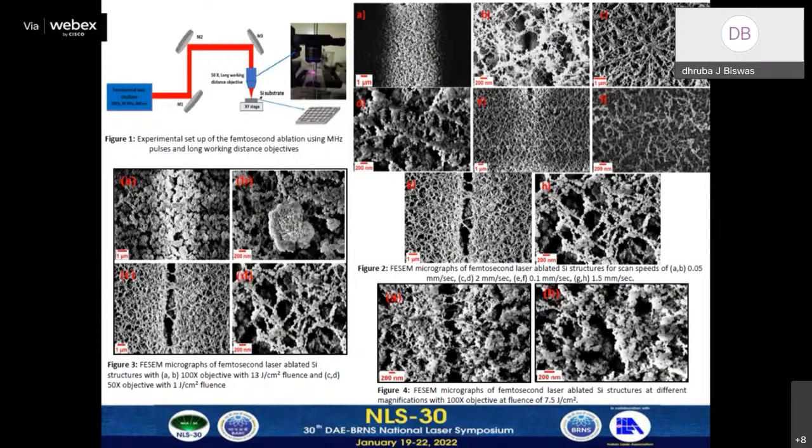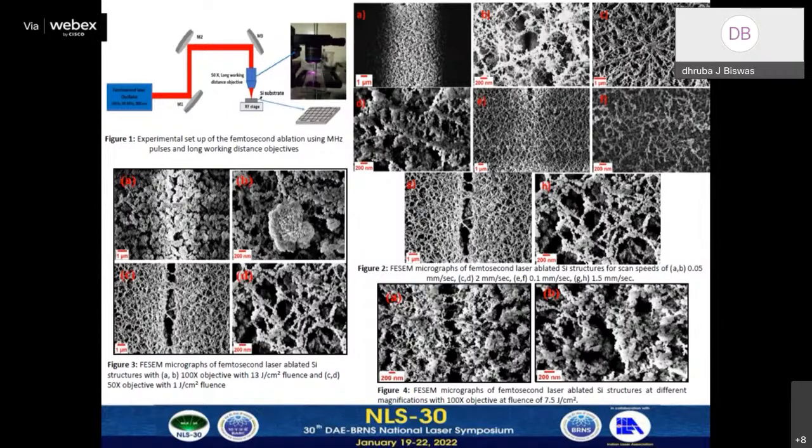We started by studying the effects of the number of pulses per spot. We changed the number of pulses per spot by changing the scan speed of the laser. We started with two extreme scan speeds of 0.05 mm per second and 2 mm per second, and we also studied a couple of intermediate scan speeds of 0.1 mm per second and 1.5 mm per second.